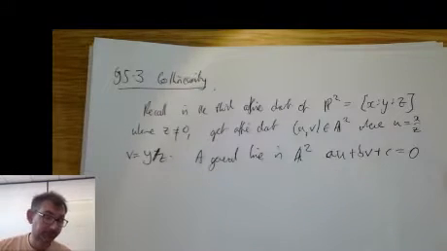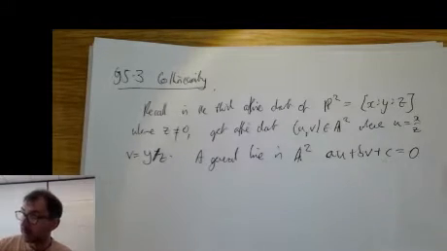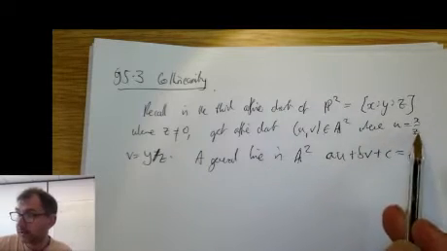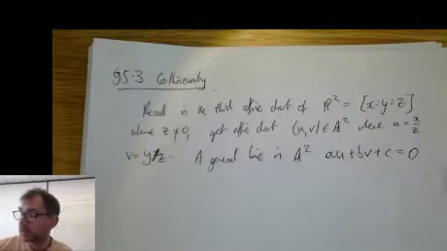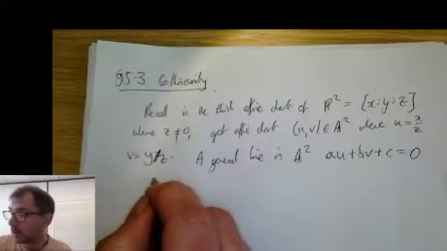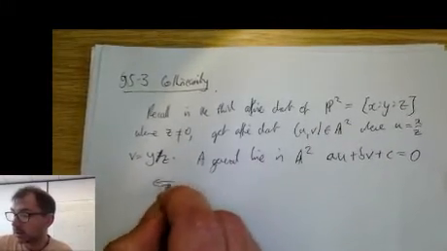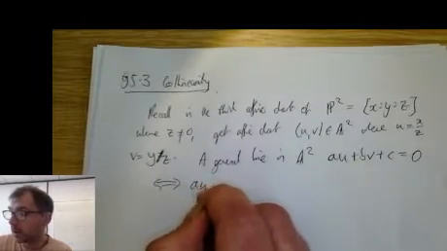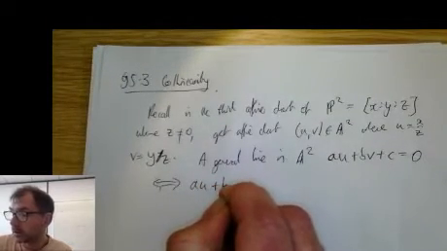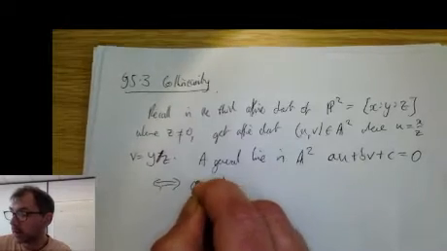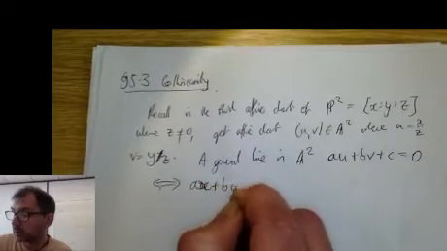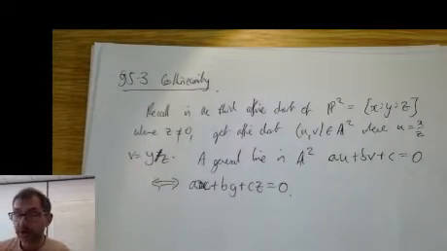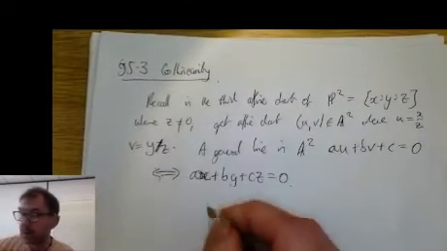And if we were to put back these fractions x over z and y over z and multiply by z, we would get that this is going to happen if and only if ax plus by plus cz is 0, which is the equation of a plane.